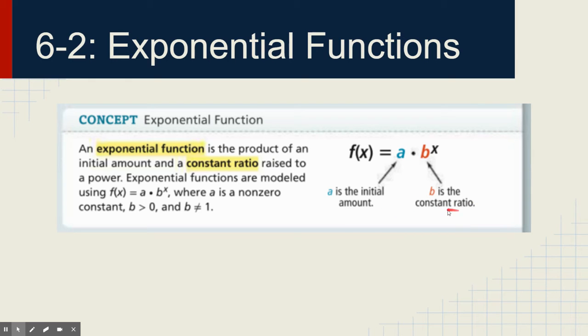B is the constant ratio. A is the initial amount times b, the constant ratio, raised to the x power. An exponential function is the product of an initial amount and a constant ratio raised to a power. Make sure, again, we have this equation written down.